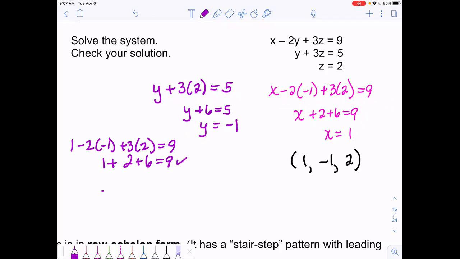And then if I plug in -1, 3 times 2, that also works. And of course, then z is 2. I'm not going to plug that in. If it doesn't work for one equation, it's not a solution and you did something wrong, probably. So it must work for all 3 for it to be a solution. So this is my little check step over here.